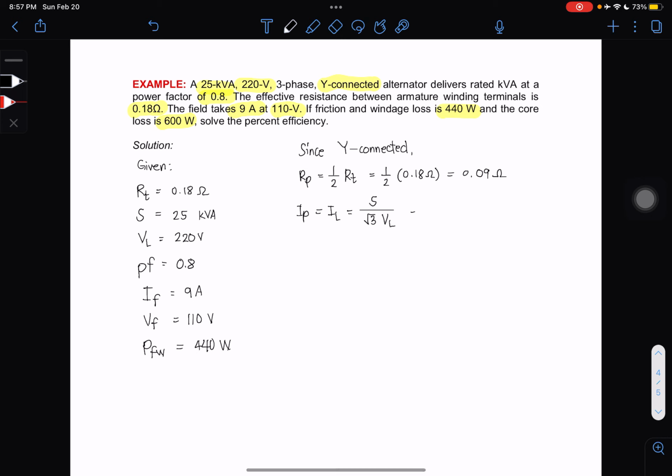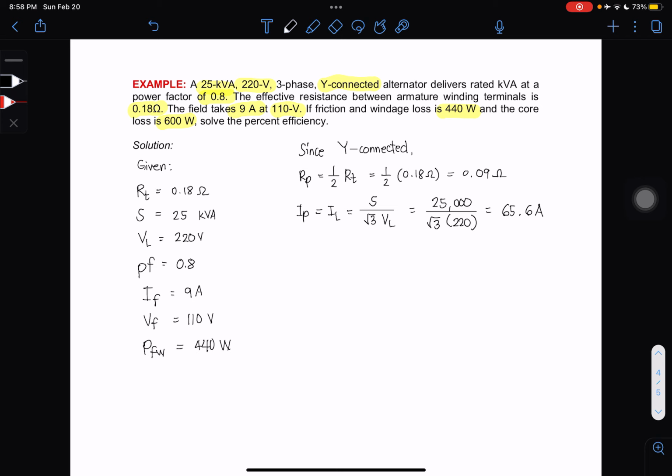Since we have the data, 25 kVA, so 25,000 divided by square root of 3 multiplied by VL, 220. So our phase current will be 65.6 ampere.